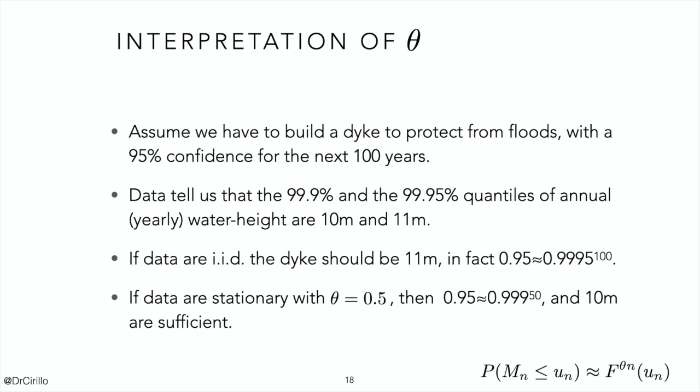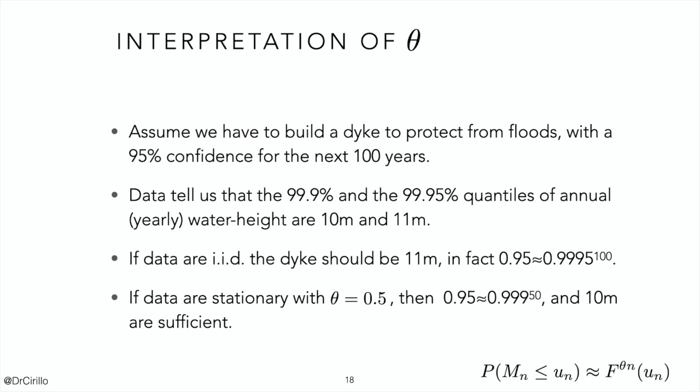This is something that we can easily observe by the fact that obviously we are considering our yearly observations, and if we take 100 years and we assume the data to be i.i.d., we have that 0.95 is more or less equal to 0.9995 to the power 100. Again, I repeat, if we assume i.i.d. observations.